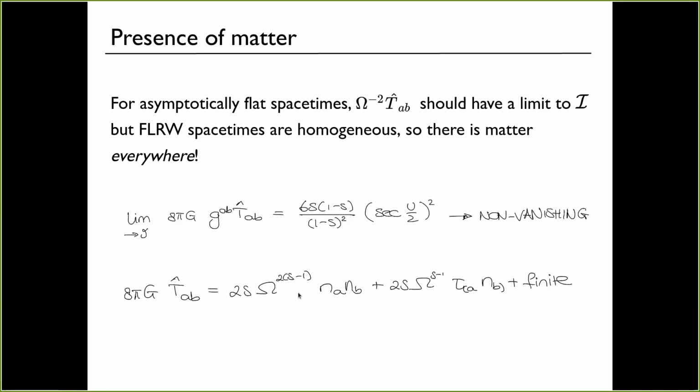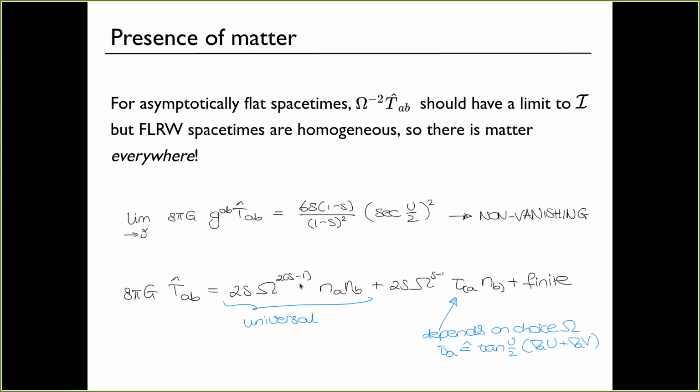Now, interestingly enough, this part is universal. What I mean by that is, if I choose some omega and you choose omega prime, we will find exactly the same factor here. This subleading part does depend on your choice of conformal factor, and for some particular choice you can calculate what it is, and this is the expression.